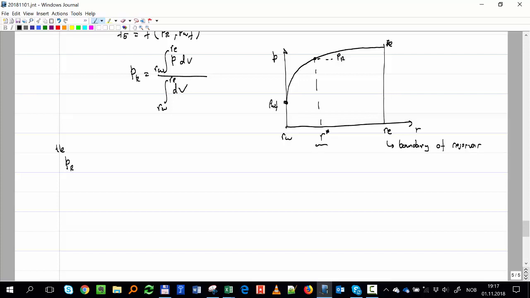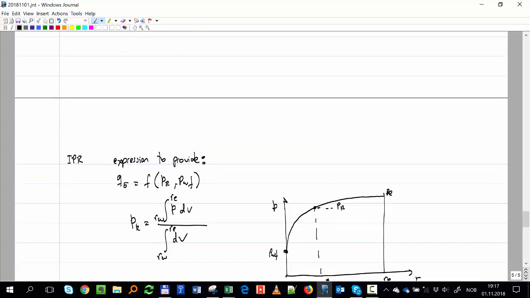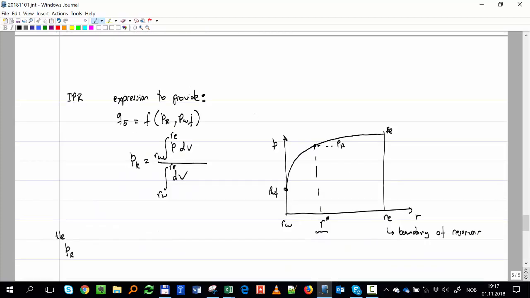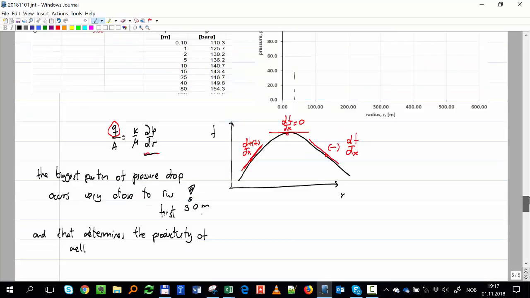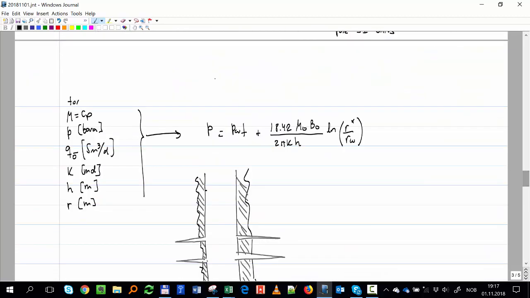I can use it in my equation. If you remember the equation that we were using, QO, let's bring it from here, this equation.